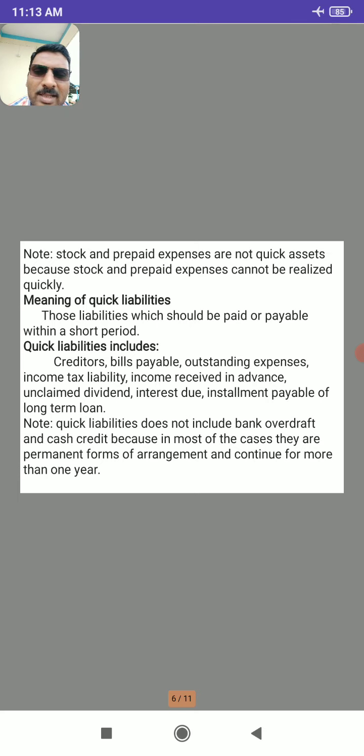Note that quick liabilities do not include bank overdraft and cash credit, because they are permanent forms of arrangement and continue for more than 1 year. So bank overdraft is a current liability, but it is not a quick liability.